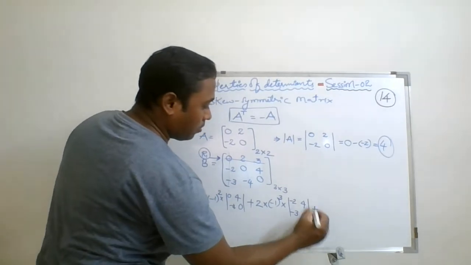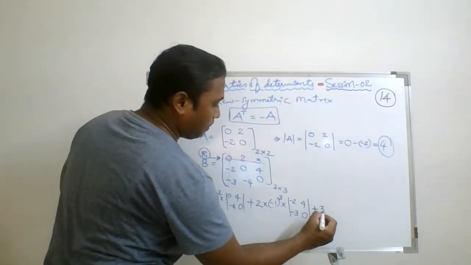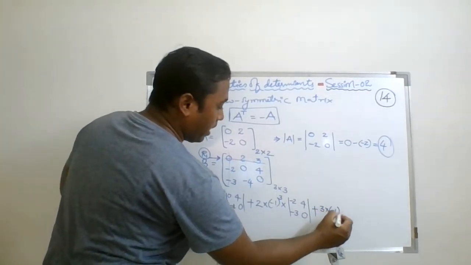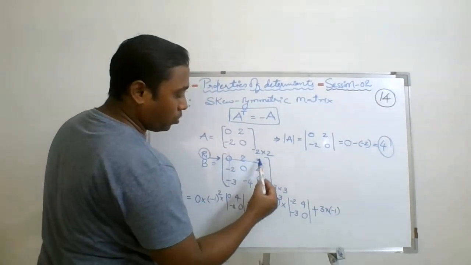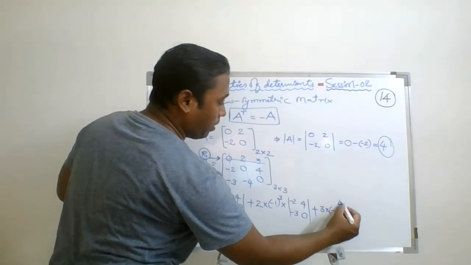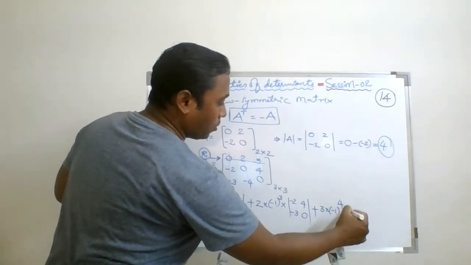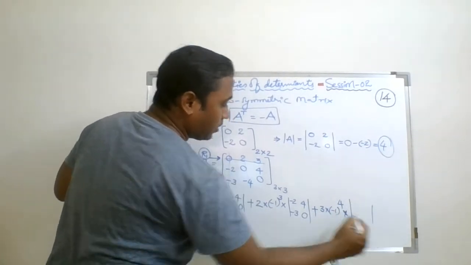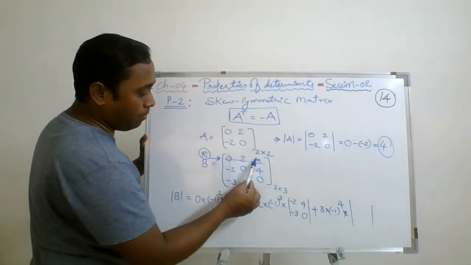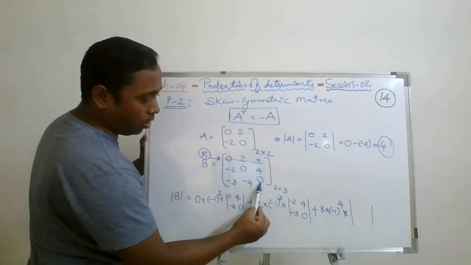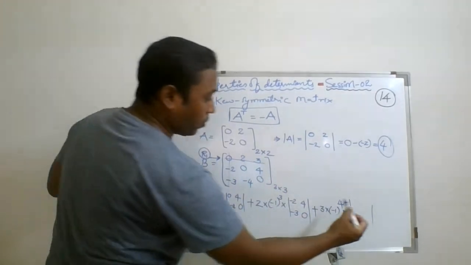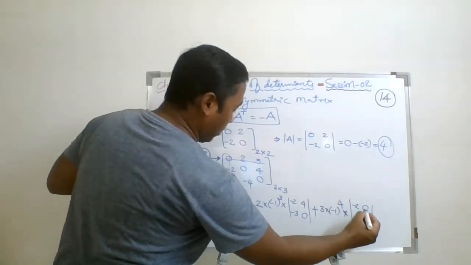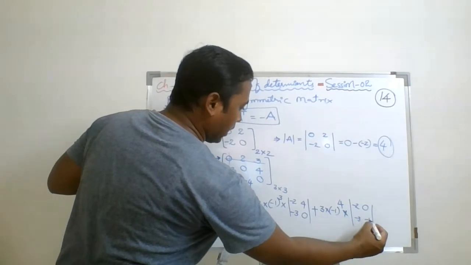And the third element. What is the third element? 3, which is multiplied by minus 1 to the power of its row and column. It would be first row, third column, hence the power would be 4, into the determinant. The determinant, by eliminating the row and the column, we are left with minus 2, 0, minus 3, minus 4.